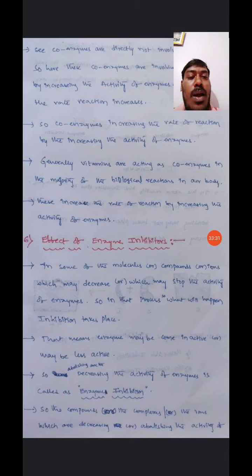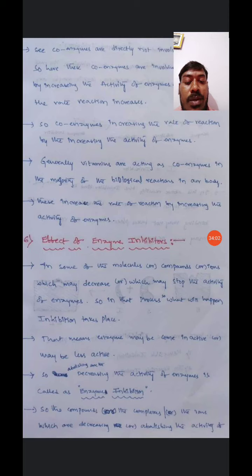That means the enzyme may become inactive or less active.